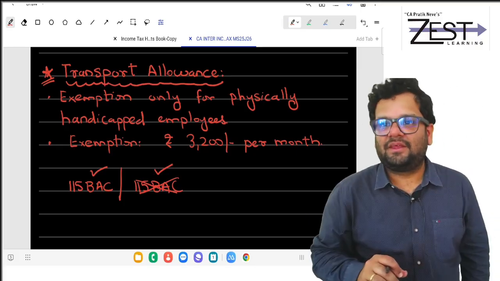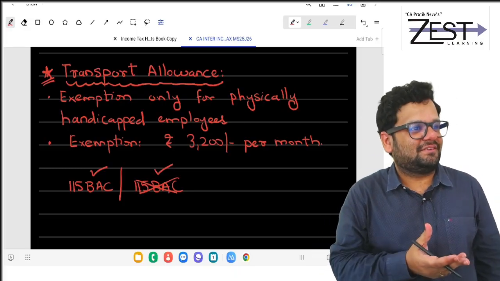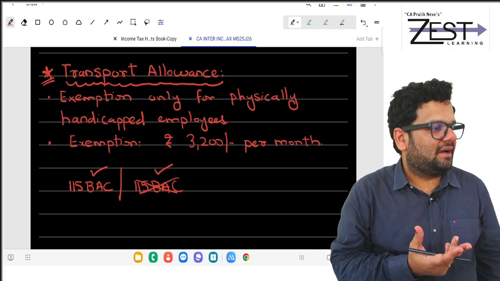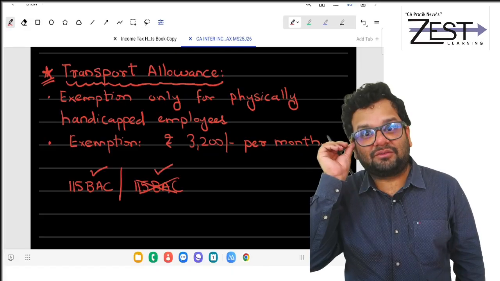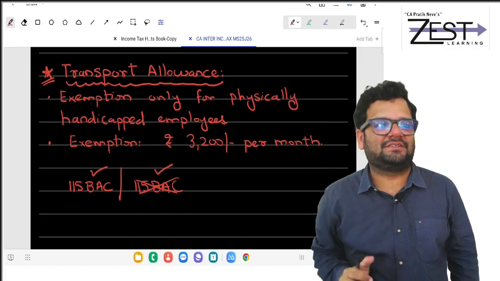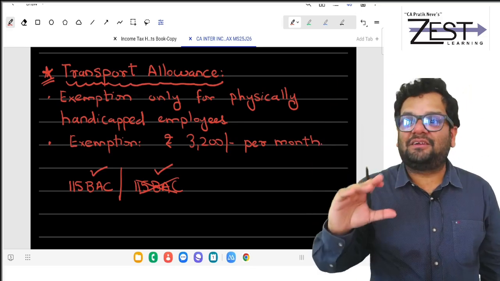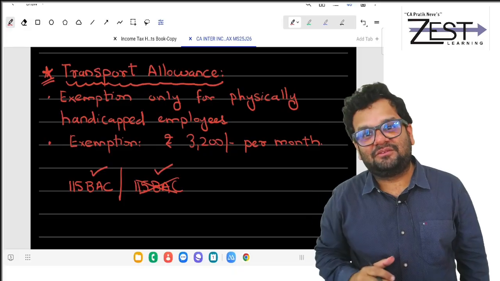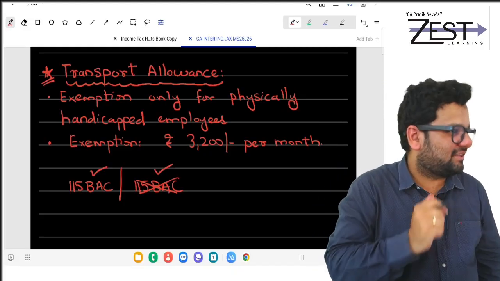Now I'll explain you deductions, and then we will go ahead and solve one big nice question, and then afterwards we'll go to perquisites and other things. You know where deductions fall in the format? Which deduction? Of salaries. Yes, section 16 deductions.